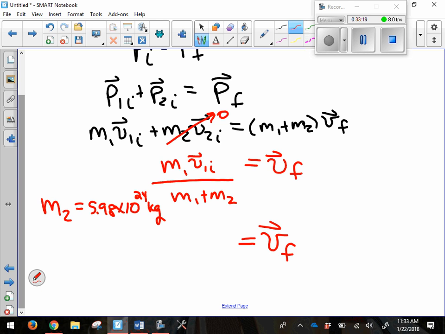And then what do we get? Well, actually, before you start calculating things, what do you expect the sign of vf to be? Positive, because? Yeah, the sign of the original momentum was positive because that's the direction my meteor was moving in. It's actually a meteoroid, but we're not going to get crazy.